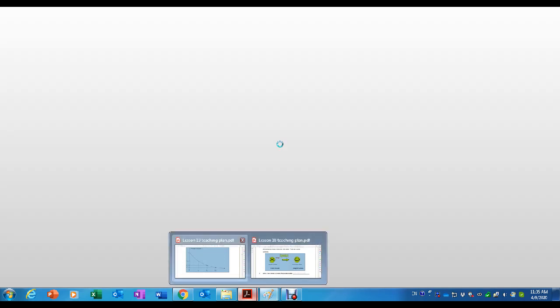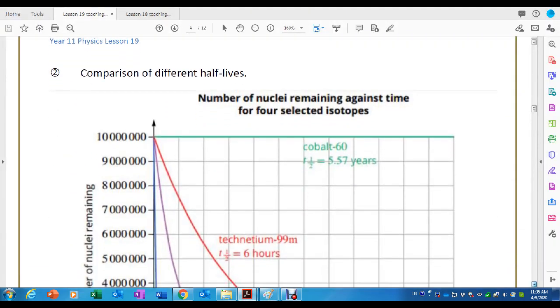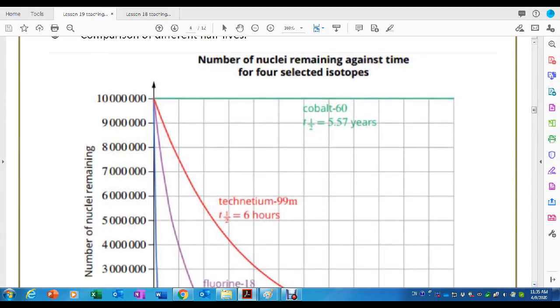And in the graph in your notes, there's a comparison of different half-lives.